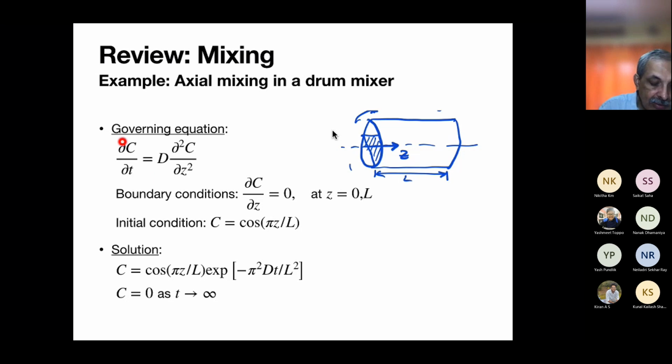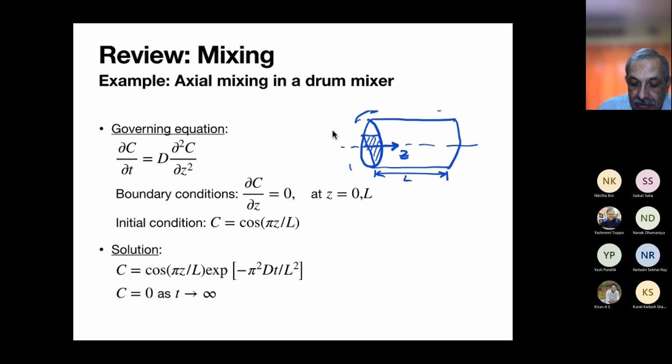So you get this equation, which is often called Fick's second law, and that will tell you how the concentration evolves with time. And the boundary conditions are that at the two ends, del C by del Z is 0. This means that the flux of particles at the ends is 0.